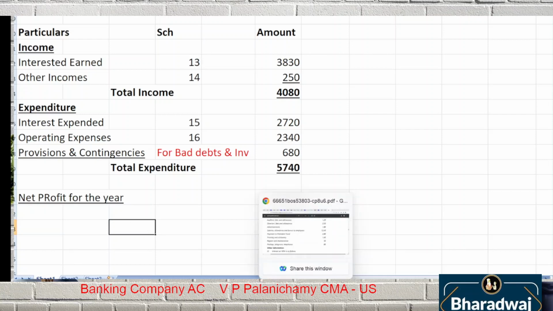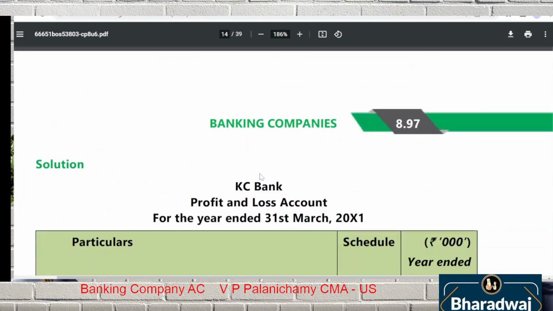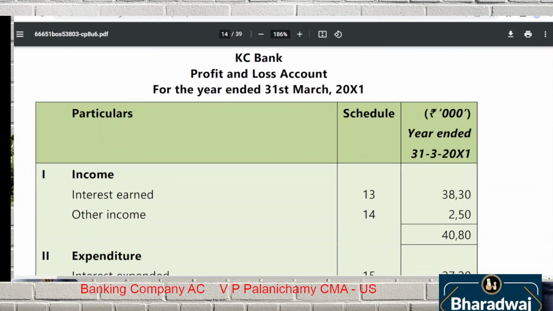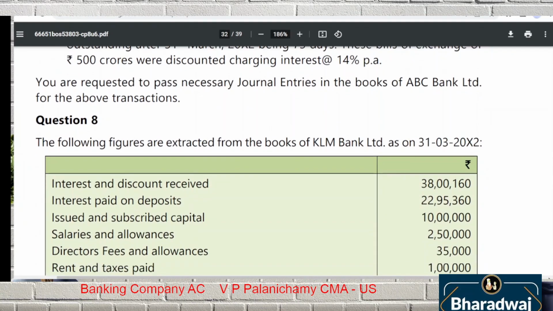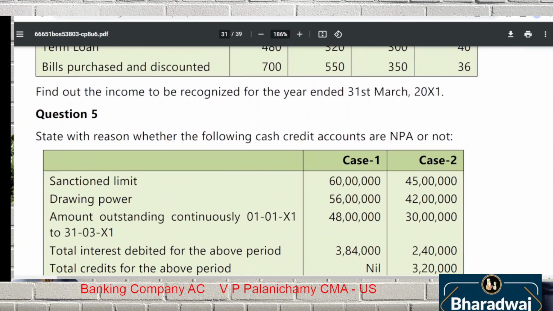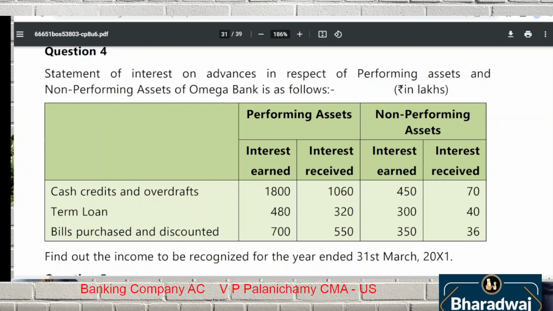Let us go to the next illustration that can be tested for about 1 or 2 marks in the exam. A 3 marks question can be tested. This is the answer. Go through this. Performing asset and non-performing asset are given to us.